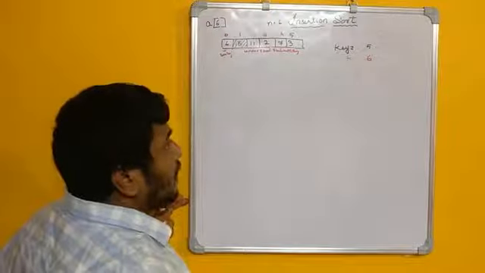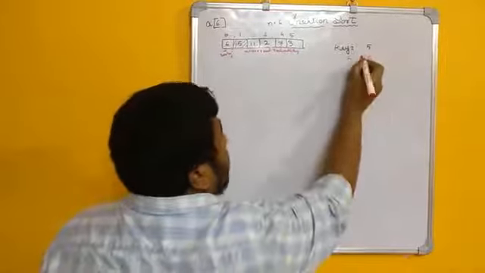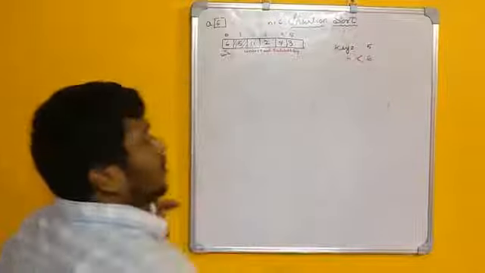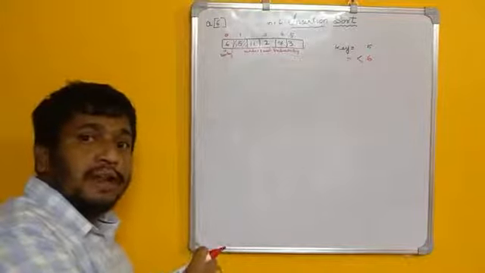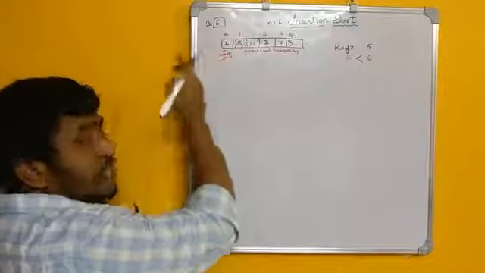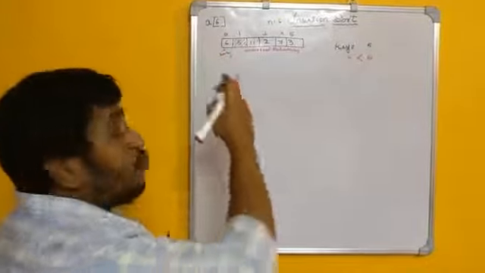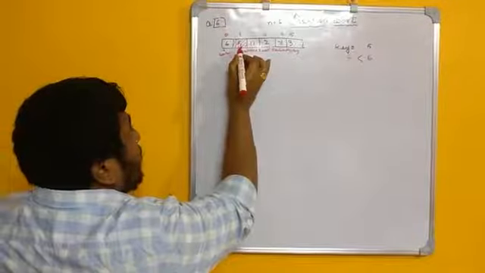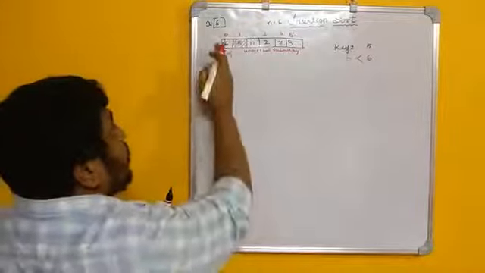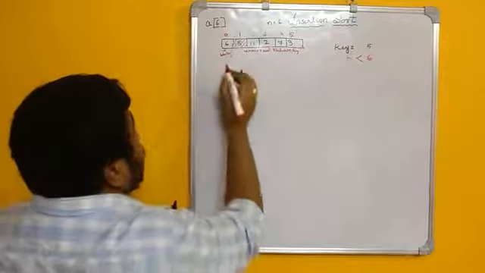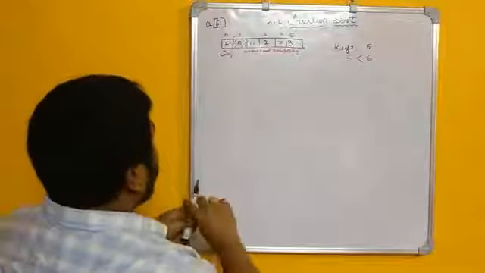Whether the key element is greater or smaller, it is smaller. When the key element is smaller than the element in the sorted subarray, we have to shift the element in the sorted subarray to that blank place, which is A of 1, at index 1. So we will shift this 6 to that blank place. So what happens now? Our array will be now.